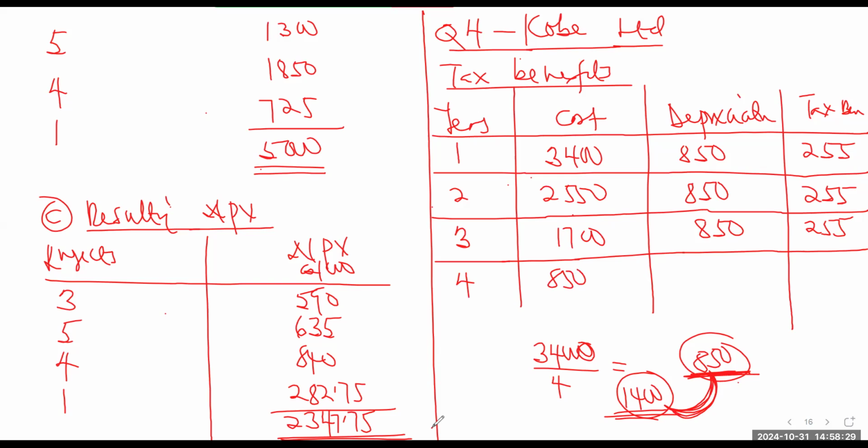They will give you capital allowance on 850, but you are selling the asset for 1,400. So you enjoy capital allowance on the 850, and you pay tax on the 1,400. So what would be the net tax that you are paying?